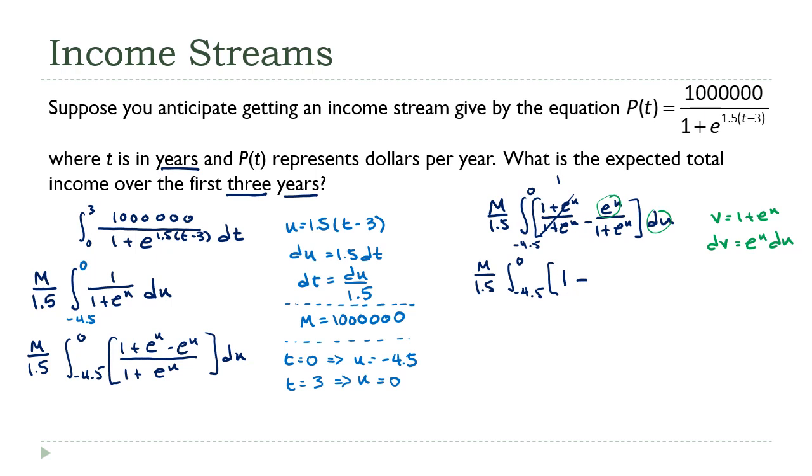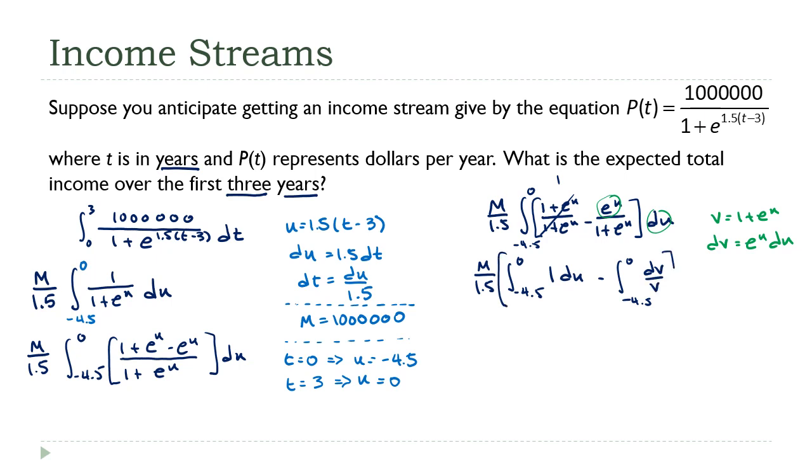Now, I really shouldn't have put that bracket there. Let's take that bracket out because I'm going to split this into two integrals. This is 1 du minus the integral negative 4.5 to 0. And I am going to leave those as u's and not v's. If I try to turn these into v's, I'm going to get 1 plus e to the negative 4.5. That's a mess. So I'm going to go ahead and leave this the way it is. So this will be just dv over v.